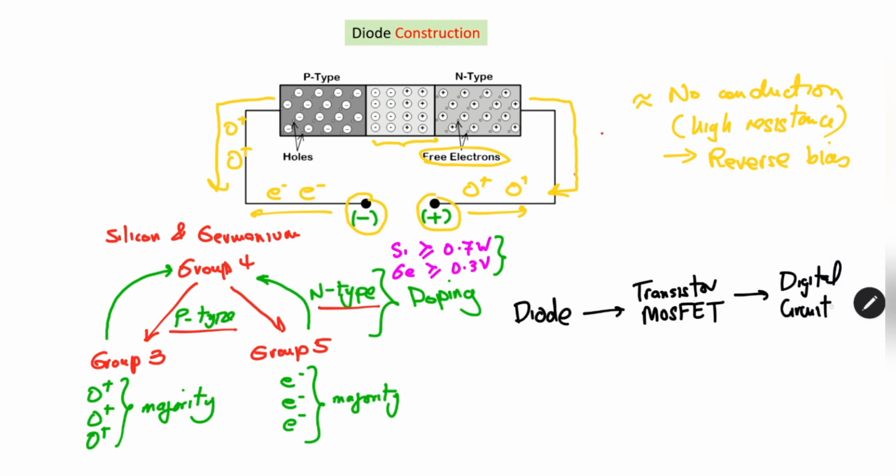The digital circuit is mostly made up of logic gates, and the logic gates are built from transistors and MOSFETs. So if you fully understand what a diode is, it is very easy for you to understand what a transistor is, and finally you can easily identify the digital logic circuit, because the diode is the principle from which all the circuits are derived, with the main idea of controlling the flow of current.